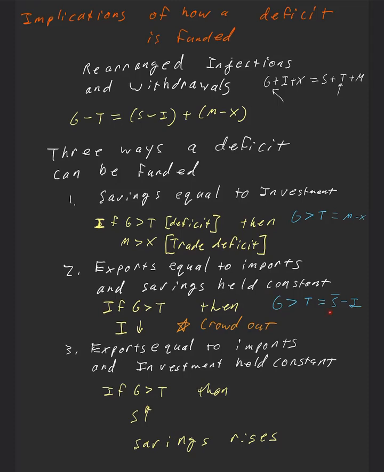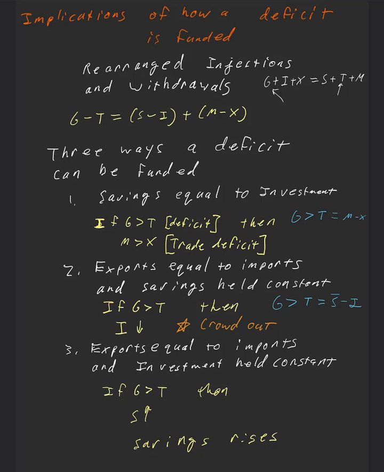If savings is some fixed number and this goes up, investment can't go up, because then this equality would no longer hold true. This is crowd out, the idea of crowd out that we met before. So one way deficit funding could happen is that when government spending happens, investment would have to fall in other areas because of the government spending.